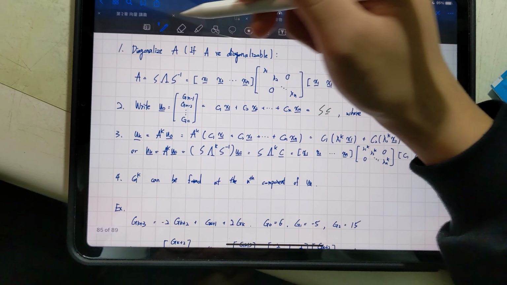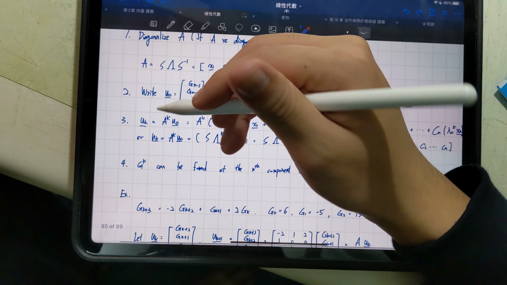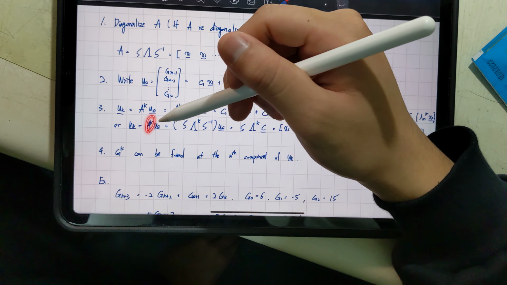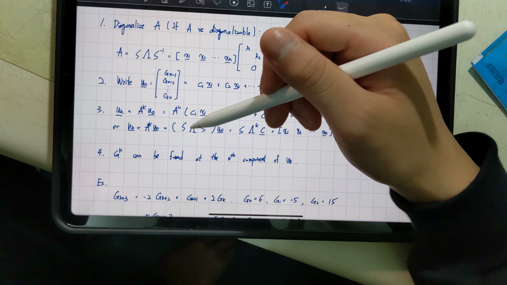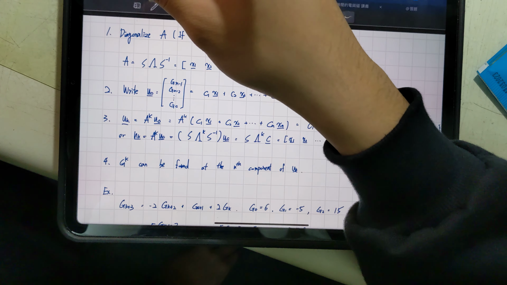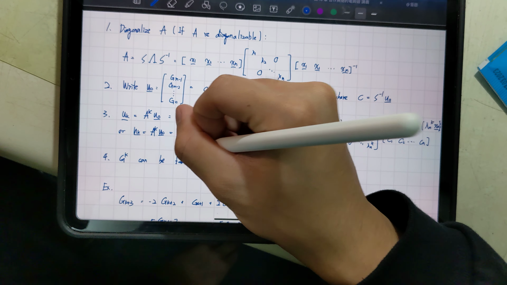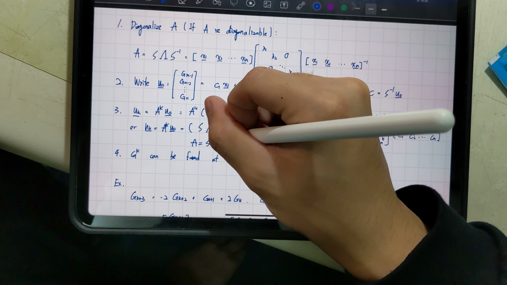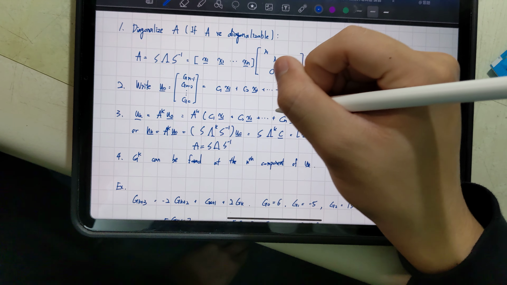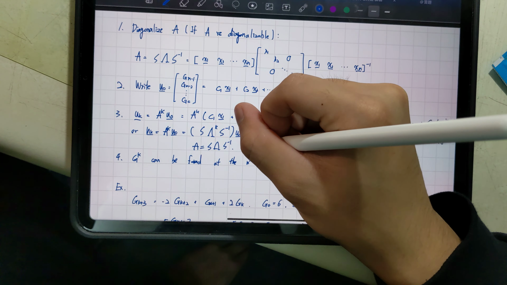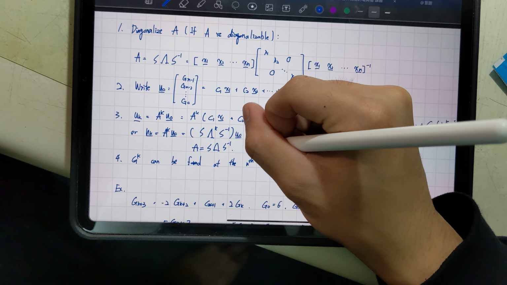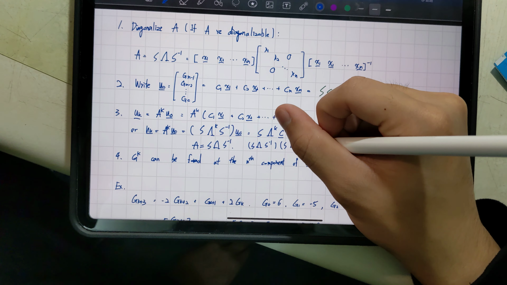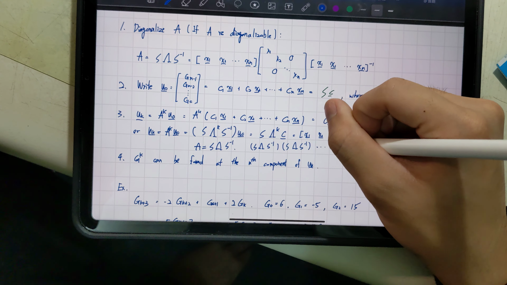A is equal to S lambda S inverse, and if we multiply this k times, we get S lambda S inverse, S lambda S inverse, and so on.